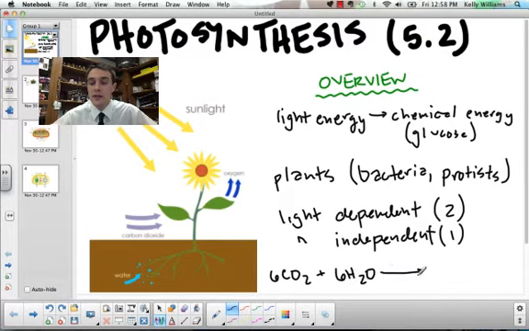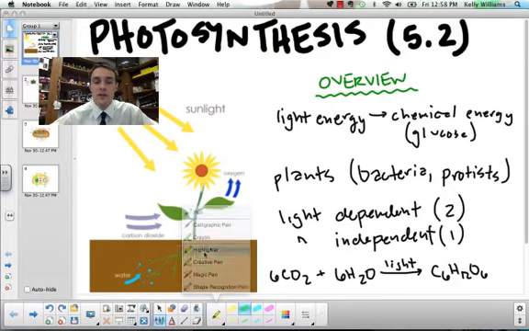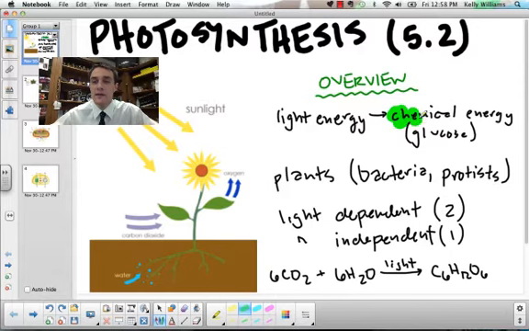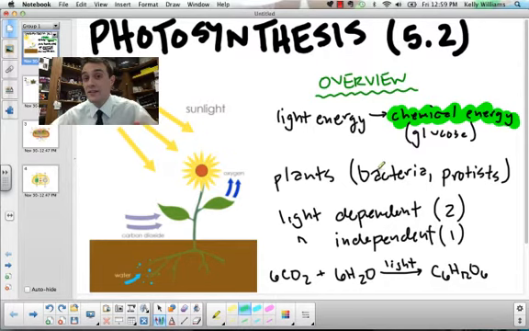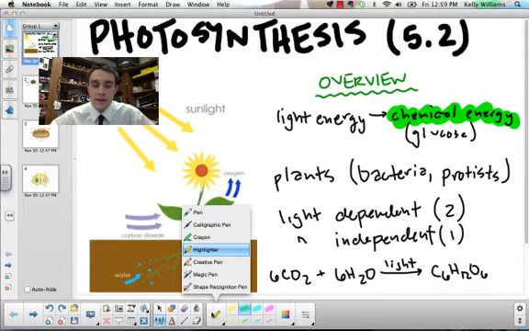In the presence of light energy, we will create this little guy, C6H12O6. That's the molecular formula for glucose, which, remember from earlier, is the chemical energy that all life forms are in constant pursuit of, because it's that thing that we can break down into cell fuel.